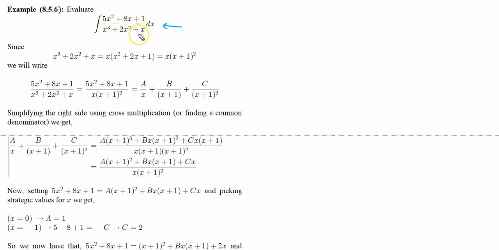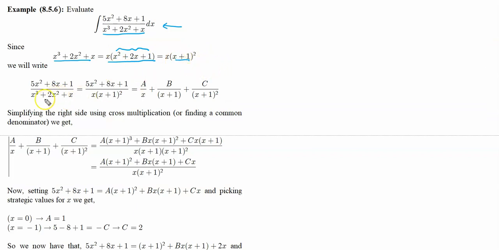So that's good. We don't have to do any long division. What we want to do is factor the denominator. If we pull out an x from here, we get this. And then this quadratic right here factors as (x + 1) squared.